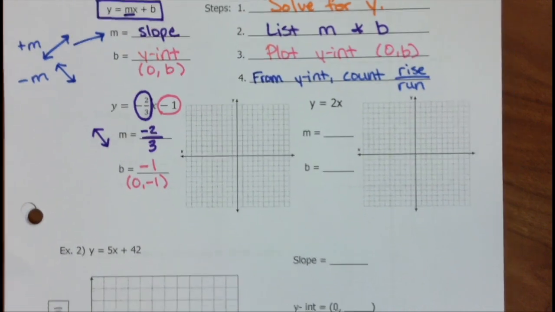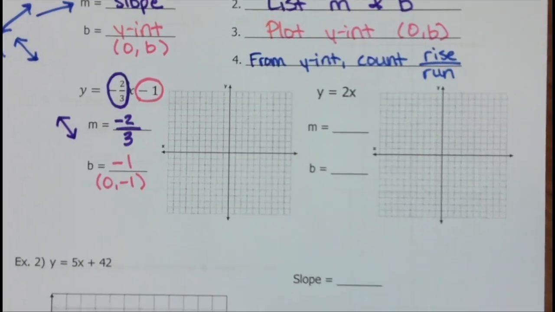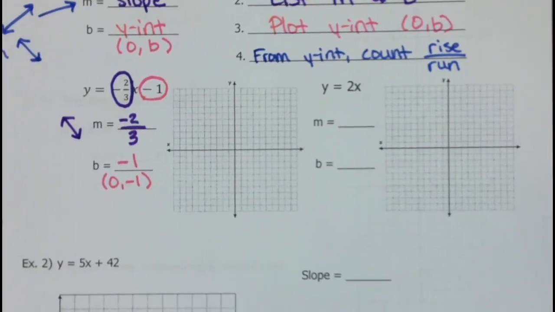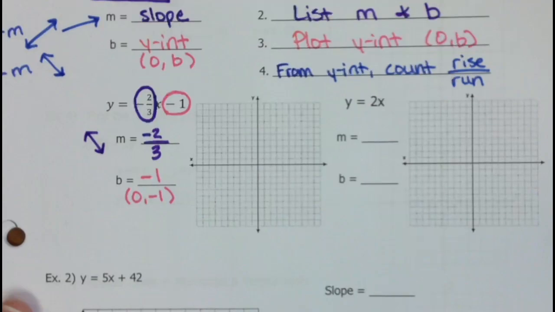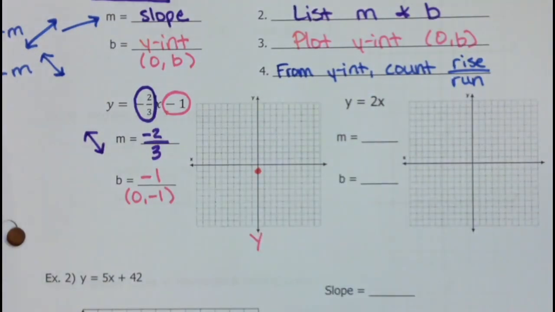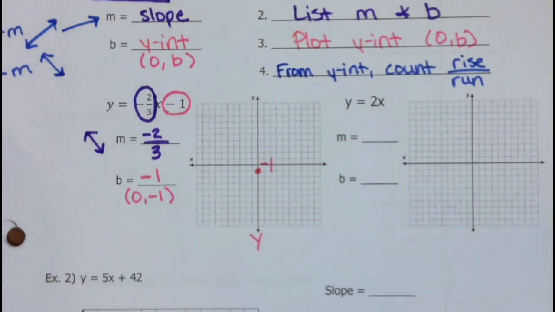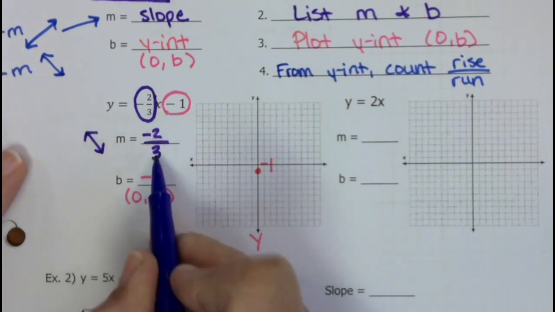So we start by plotting that y-intercept first. So go to the y-axis, this is your y-axis, and go to -1. From -1, you are going to count rise over run. So we're going to count 2/3.